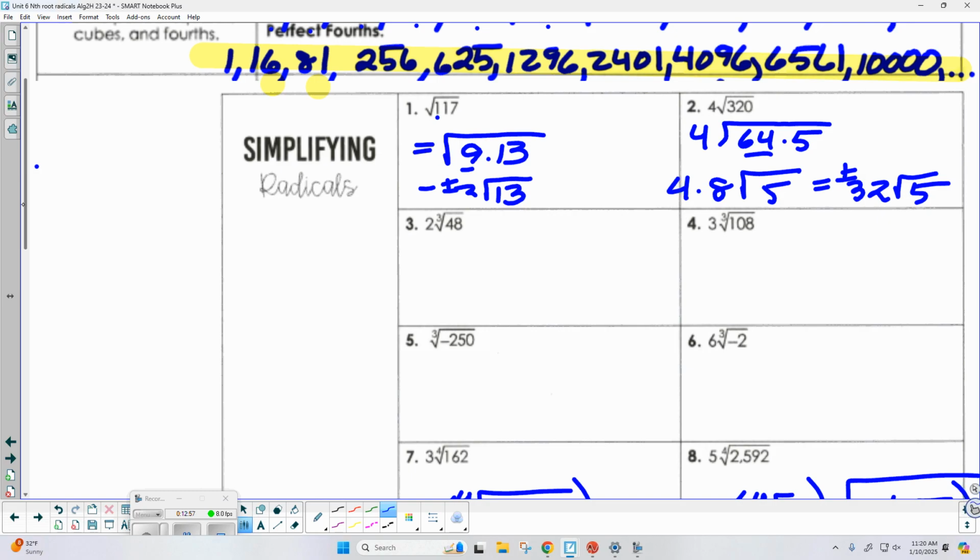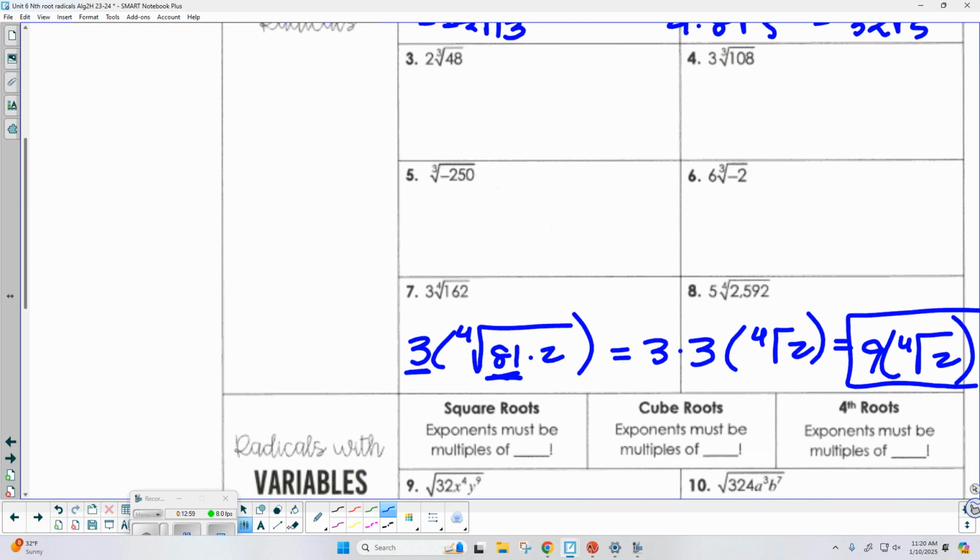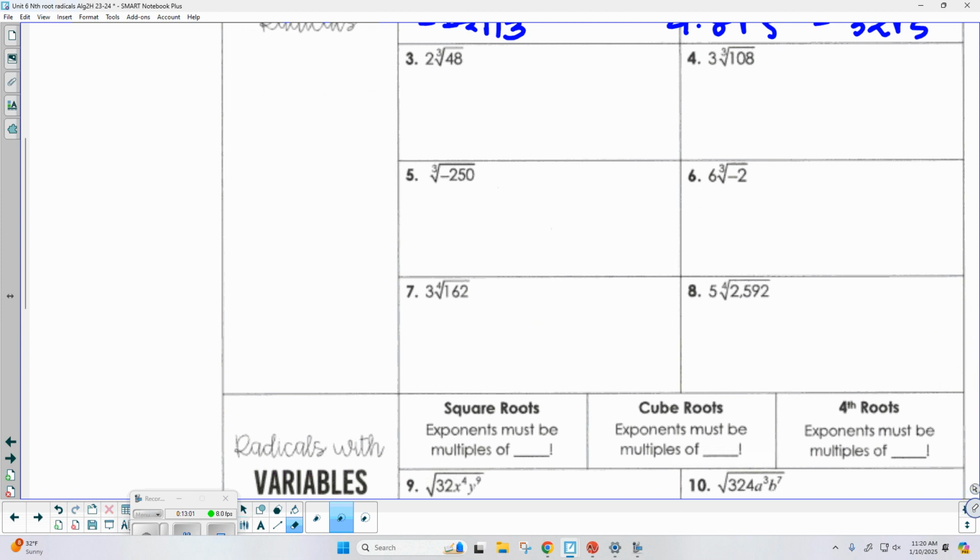All right. So let me come on down here real quick. You should be getting 30 times the 4th root of 2. Is that what you got? Nice. 30 times the 4th root of 2. Now, how do we get that? That 5 in the front stays the same for just a moment.